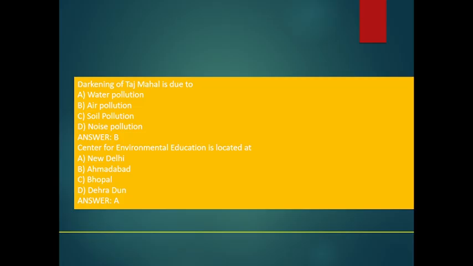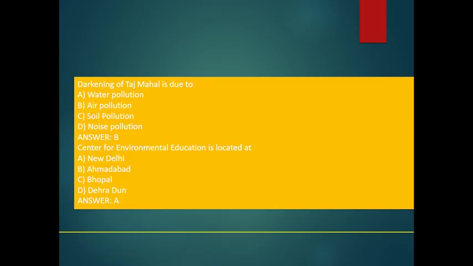And acid rain itself means an increase in the pH value, and this is because of certain polluted gases, the carbon oxides, sulfur oxides, and nitrogen oxides. So here the correct answer is air pollution. However, there are also water pollution, soil pollution, and noise pollution. These are the biggest challenges in the present context for human beings. The pollution. Here the correct answer is air pollution.